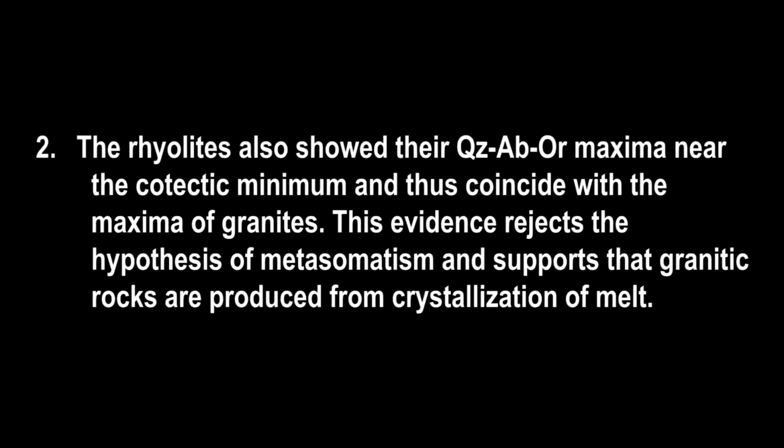Second, the rhyolites also showed that quartz, albite, orthoclase maxima are near the cotectic minimum and thus coincide with the maxima of granites. This evidence rejects the hypothesis of metasomatism and supports that the granitic rocks are produced from crystallization of melts.